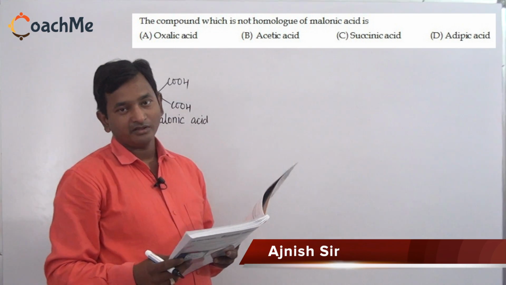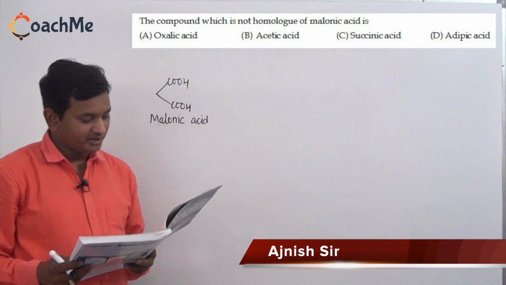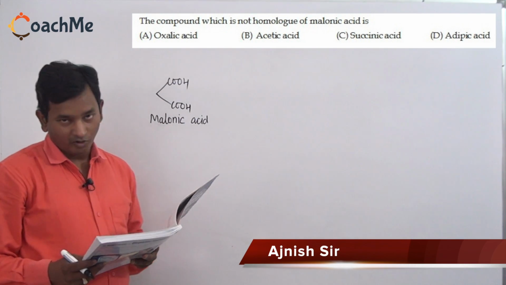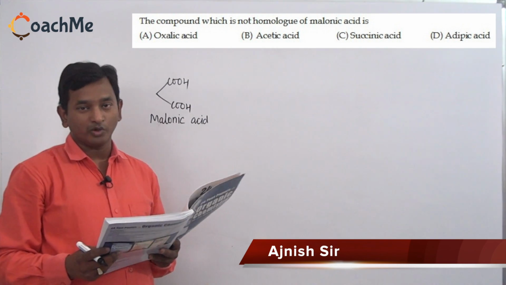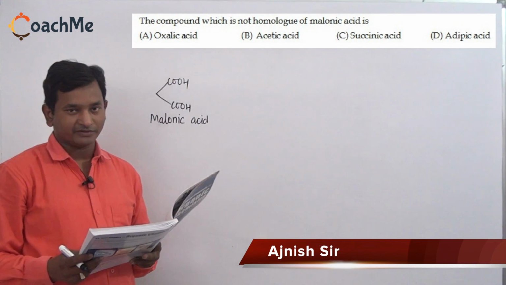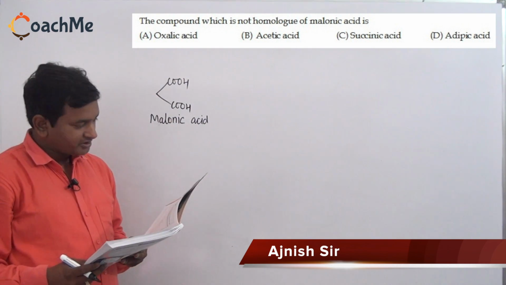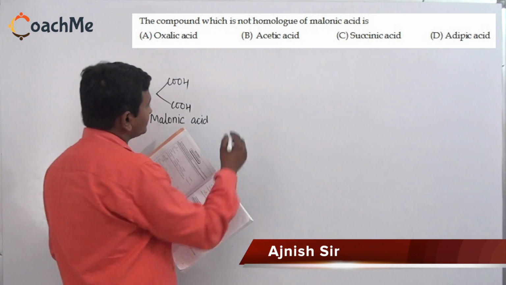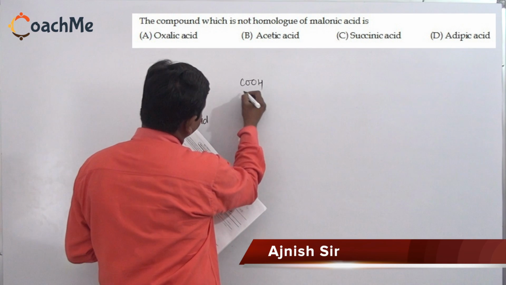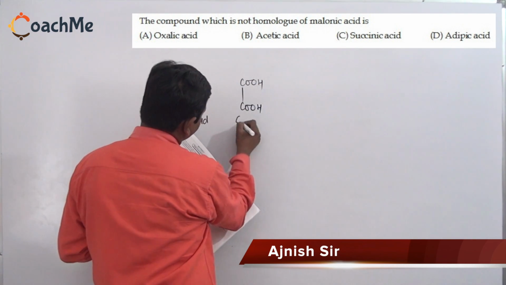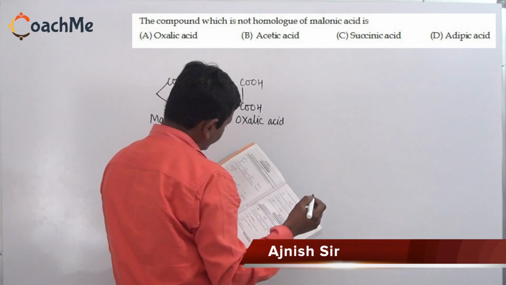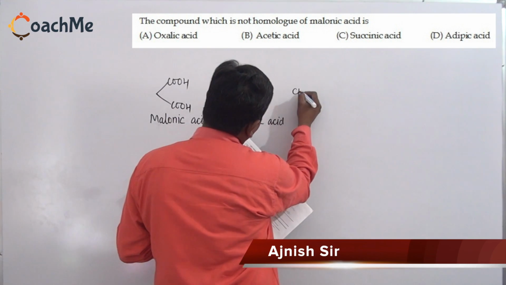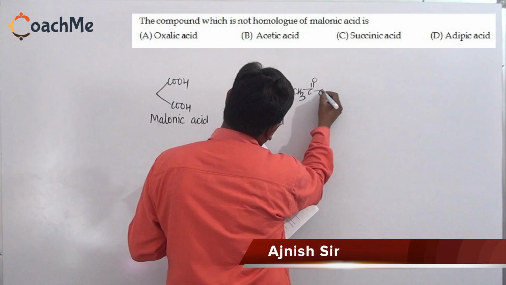As the structure is not given in our question and the common name is mentioned, to solve this question, you must know about the structure of these acids. Option A, oxalic acid, is like this. This is called oxalic acid. Second, acetic acid. Acetic acid will be like this.